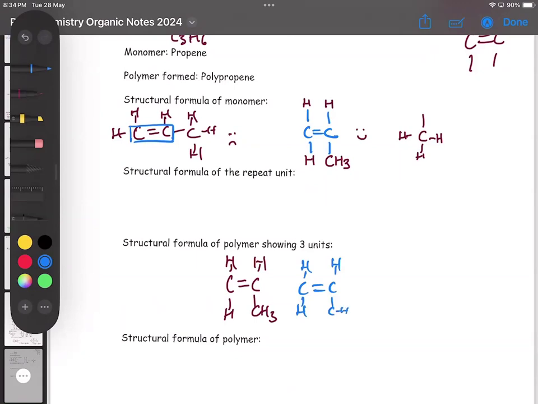So same thing, we'll draw 3 of them. Okay, next, we'll break the CC double bond. And then we join them up together. This is the polymer showing 3 units.